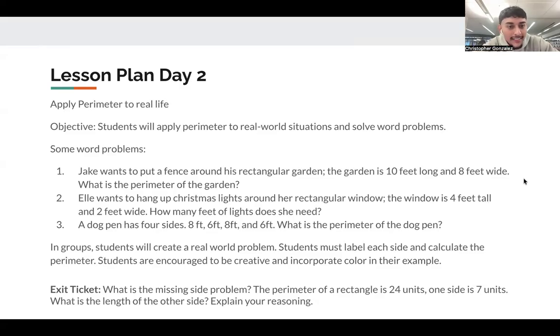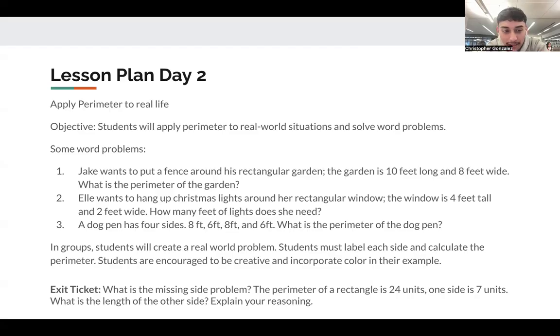For our lesson plan day 2, we will be applying perimeter to real life. The objective will be students will apply perimeter to real world situations and solve word problems. The first one is Jake wants to put a fence around his rectangular garden. The garden is 10 feet long and 8 feet wide. What is the perimeter of the garden? The second word problem would be Elle wants to hang up Christmas lights around her rectangular window.